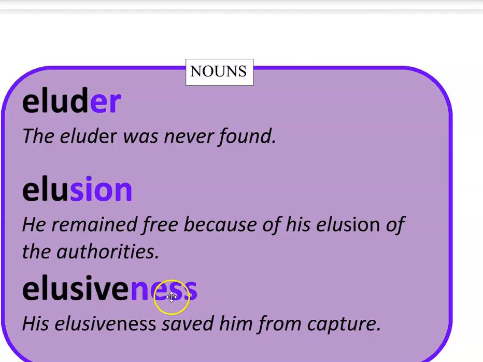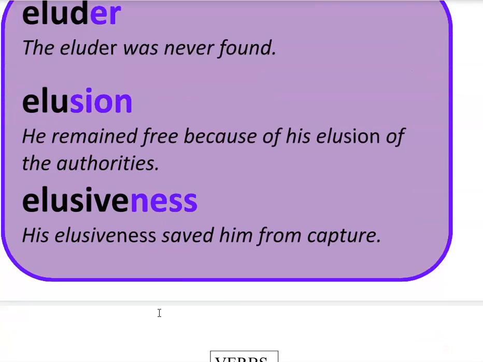And then elusiveness means also something very similar to that, having the quality of. His elusiveness saved him from capture. So here the NESS gives him the quality. So he's elusive, that would be an adjective, but elusiveness is the thing he has. So he has that ability to avoid being captured.